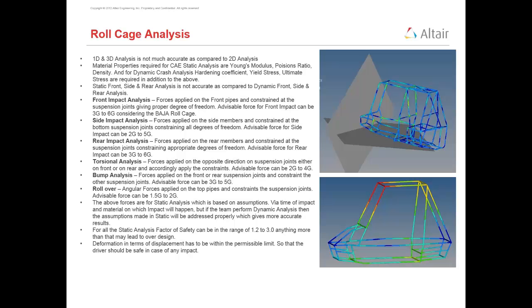So it depends on your design. You have to see the permissible limit of deformation of the roll cage, and after deformation, that portion of the roll cage should not hit the driver in any case of impact. So that is the permissible limit.